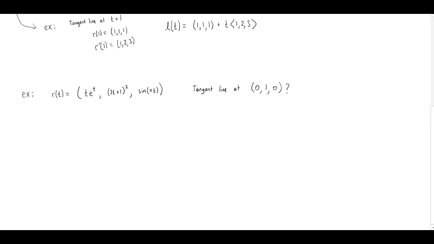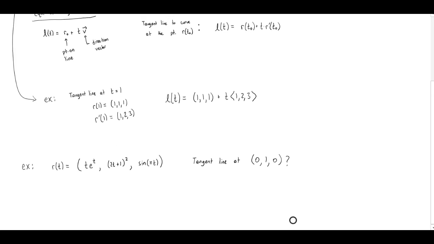So in order to get the tangent line at this point, we need to know what time t we are going to be at that point.